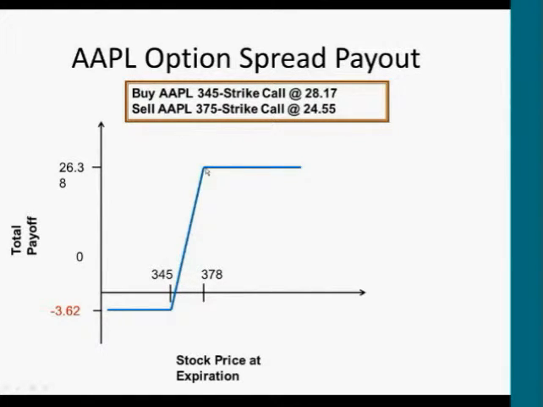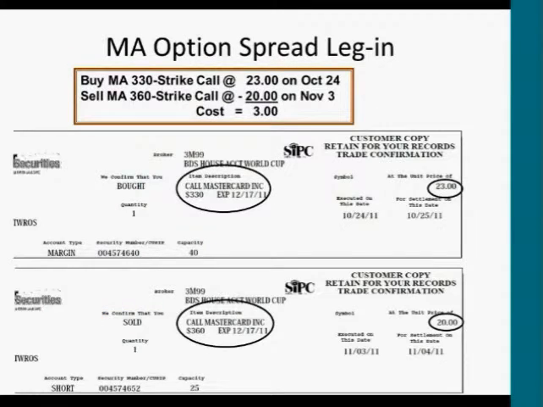And if Apple stock goes up to 375, then I realize a $2,638 profit on the trade. So $2,638 profit on the trade, and a maximum risk of $362. So that's a pretty good profit potential compared to my maximum risk for this trade.